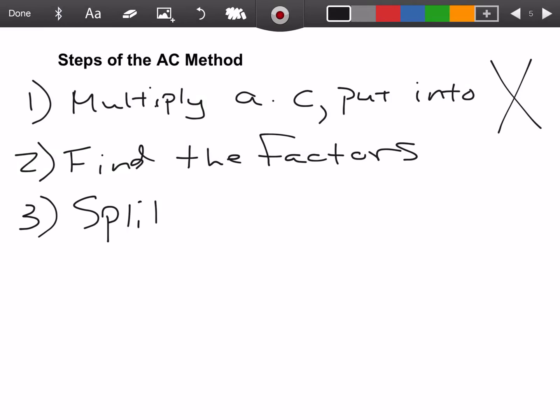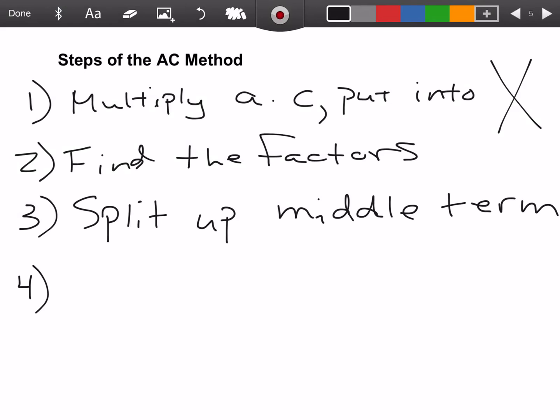Step 3, split up the middle term. And step number 4 would be something that we called factor by grouping.